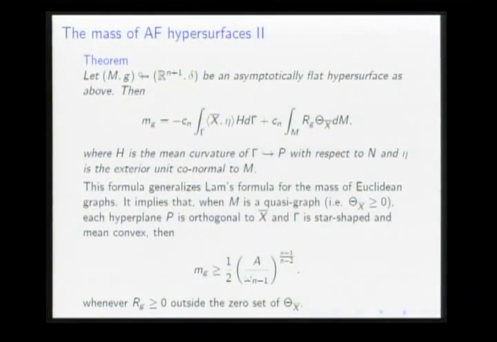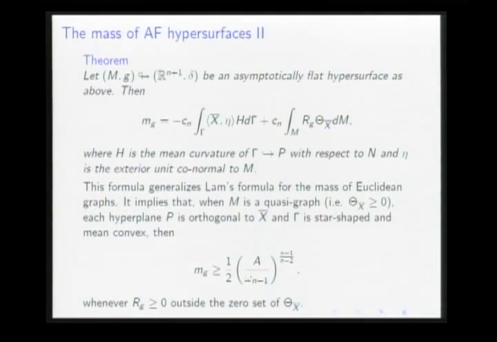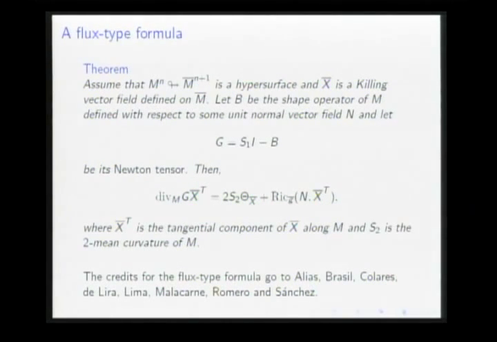So you need to be a graph. Just a few remarks about this, I don't want to spend too much time. This formula here is based on a flux type formula. The first time that it showed up in the literature, I think, is the paper by Alías, Brasil, and Colares.